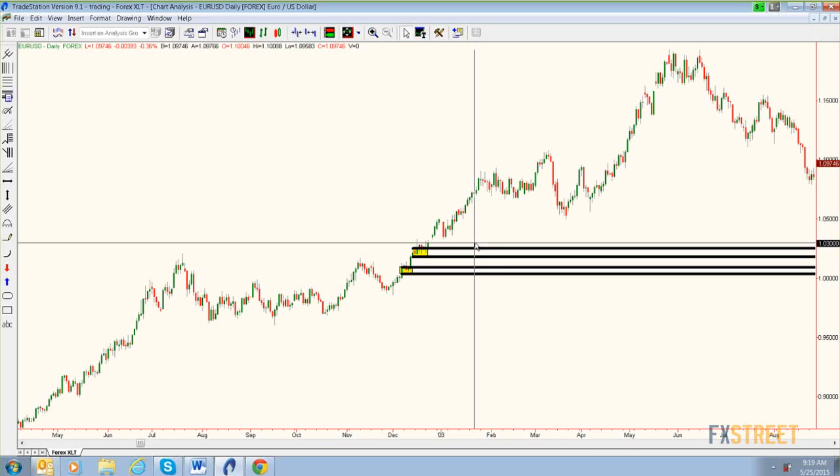Look at that, it happens to be 103 even, right? So you'll see a lot of retail buyers come in, buying there, and then where do they put their stop? Well, they do exactly what the trading book says, or the seminar they just took, and they put their sell stop just below it, right here.